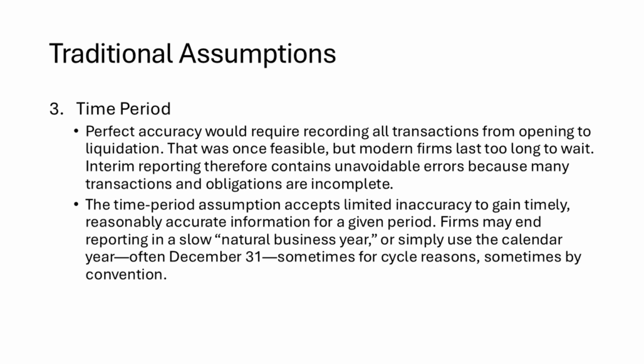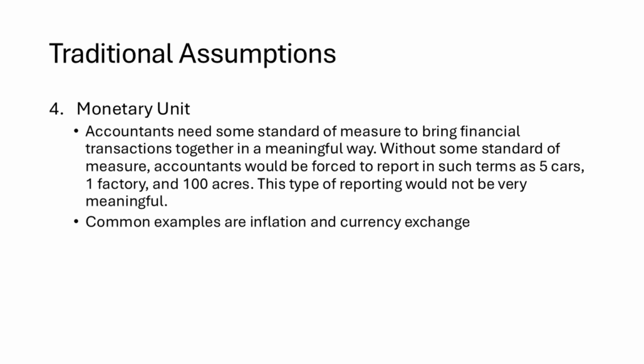Monetary unit. We need to translate information into our financial report in terms of money, and we need to consider that different things such as five cars, one factory, or 100 products cannot be added together. This type of reporting will not be very measurable.